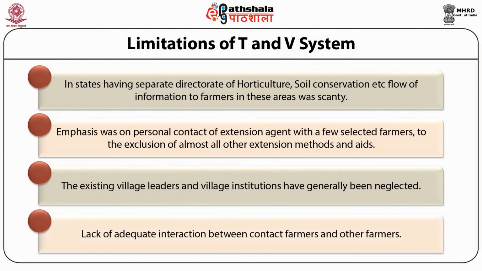Lack of adequate interaction between contact farmers and other farmers was another limitation. As discussed in the earlier issue, the contact farmers were a new group of leaders that emerged in the village along with the existing leaders. At times, they started feeling different from others. The rest of the farmers who were supposed to get information from these contact farmers started facing difficulties.